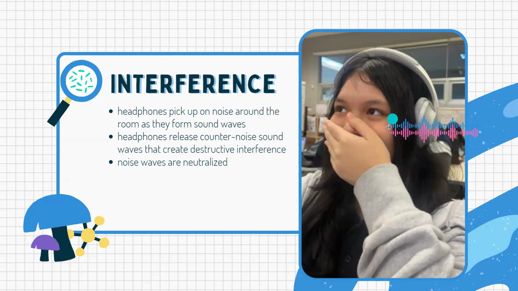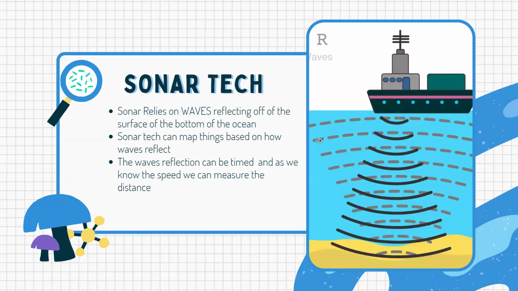Noise waves are then neutralized, so the wearer only hears the noise they want to hear, thus the ones being emitted, like music or whatever, from the earphones. And this is just something we experience every day, so it may help us understand wave interference better.